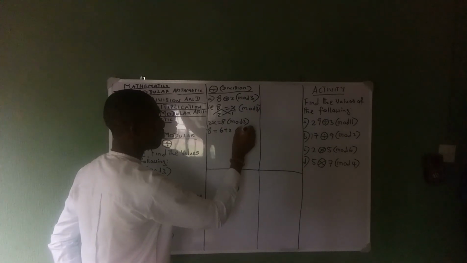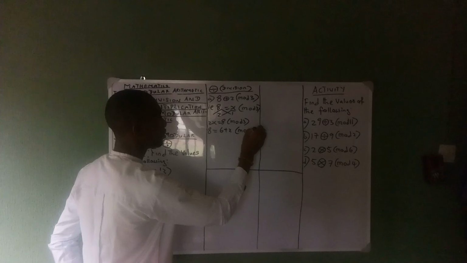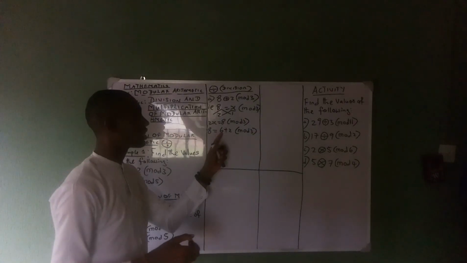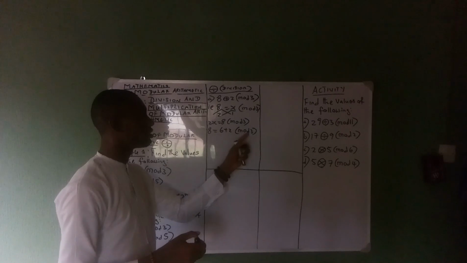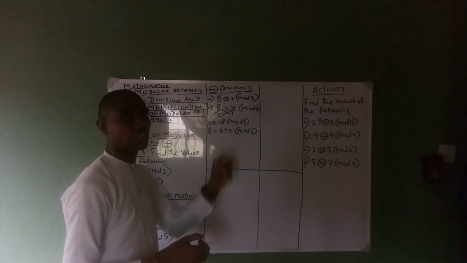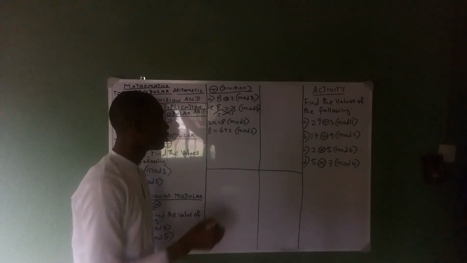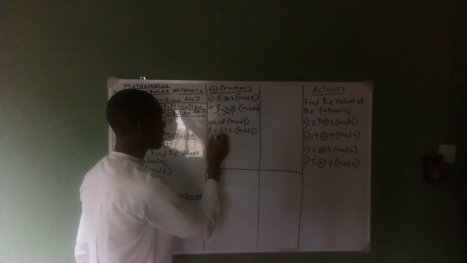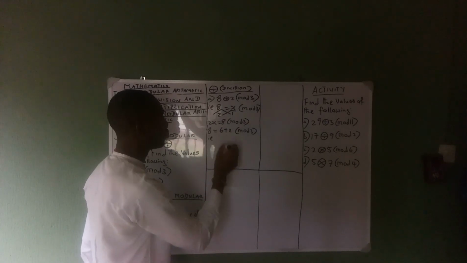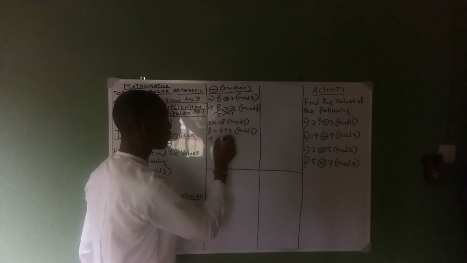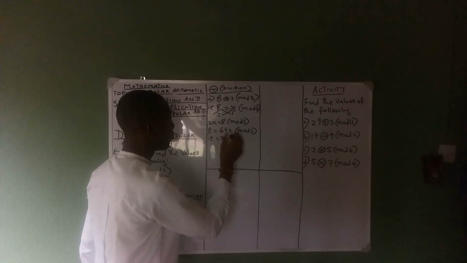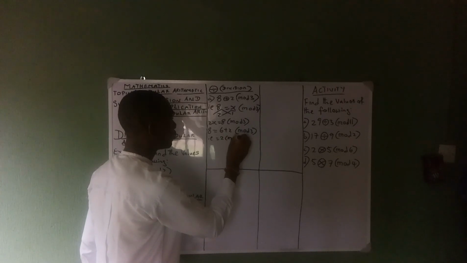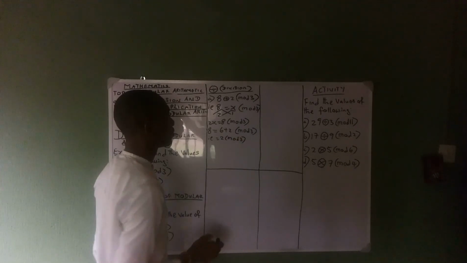Now, if it's in mode 3, now we will see that 3 can divide 6 without a remainder. So therefore, we say that this remainder, which is 2, is now equals to 2 mode 3.